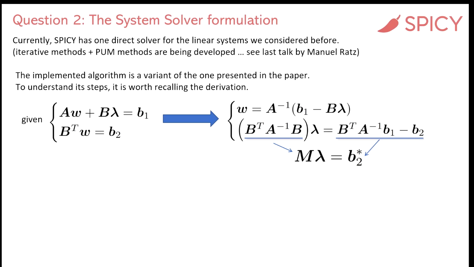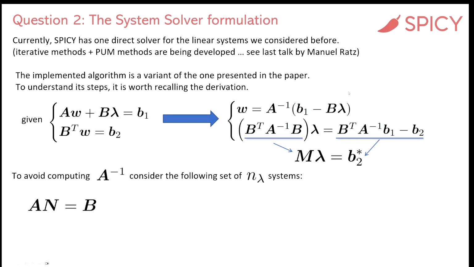So there's a nice way to avoid computing this product twice, and that is to solve, if you want, a set of adjoint problems, in particular solving n lambda systems. What I'm talking about is solving this problem for the n.